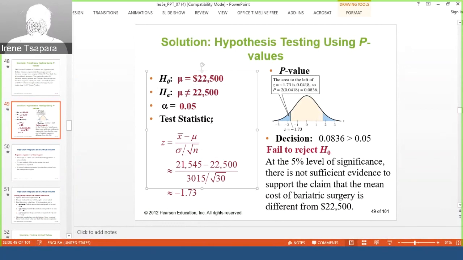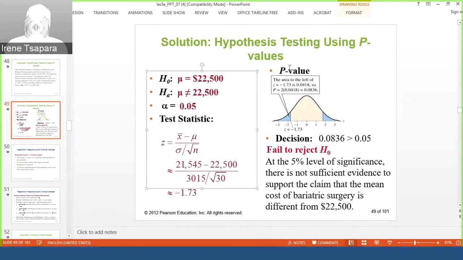Since my alpha is 0.05, my alpha to the left is half of 0.05 and the alpha to the right is alpha half, so it's 0.025. What I compare is not the area of that with this, but 2 times the area of that with this.